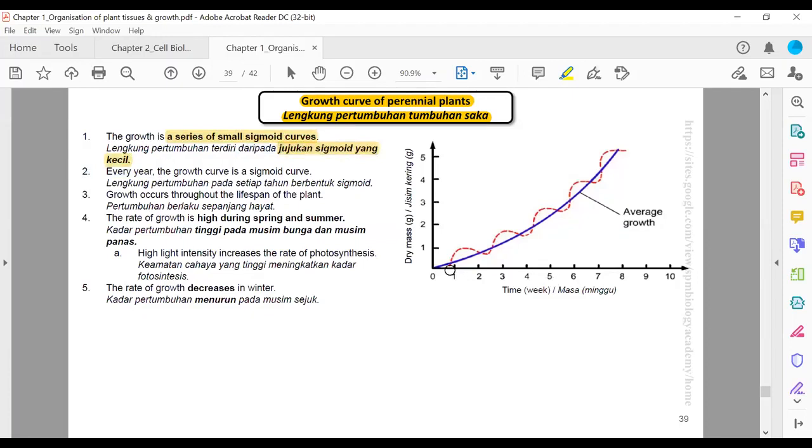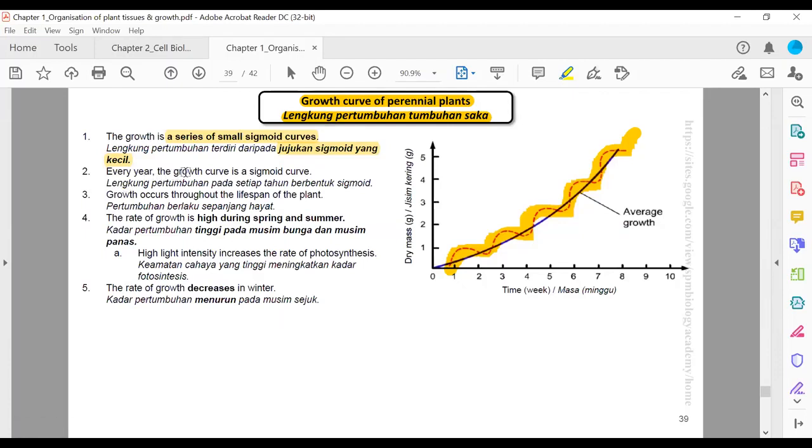Where is it? This is one sigmoid curve. Another sigmoid curve. Another sigmoid. Another sigmoid. And so on until I don't know how many years. Okay, so a series of small sigmoid curves on top of each other, continuous, alright?